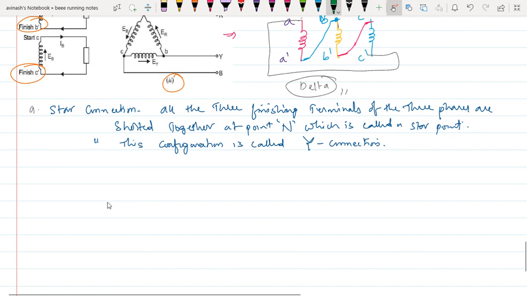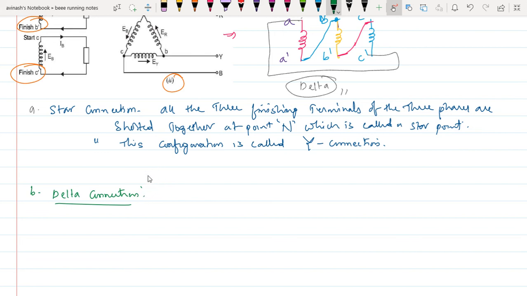Now let us consider another connection called delta connection. What do you mean by delta connection?